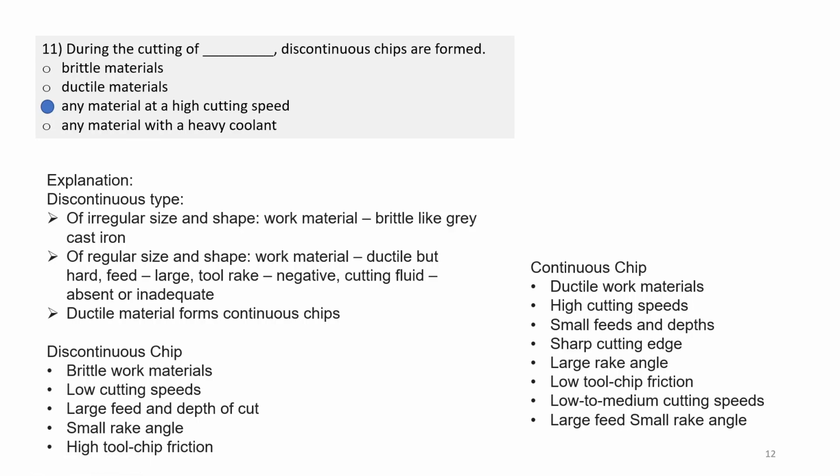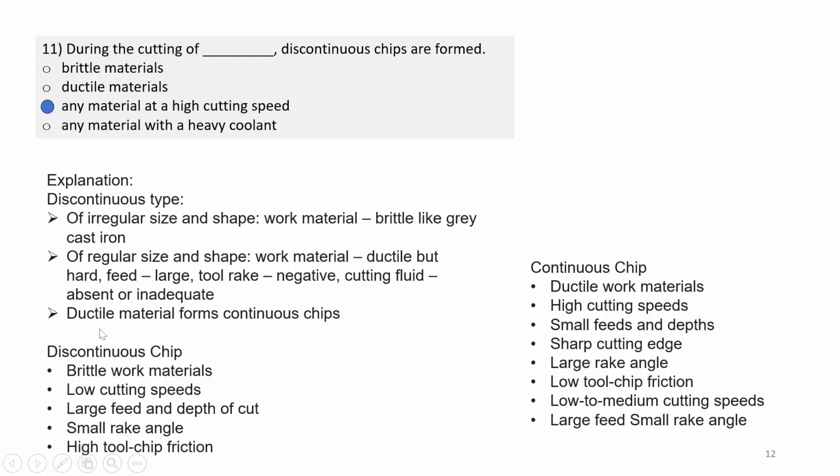In the case of the discontinuous type, you can have irregular size and shape of chips, which occurs with brittle work material like grey cast iron. If it is regular size and shape, then the work material is ductile but hard, with a large feed, negative tool rake, and cutting fluid absent or inadequate.